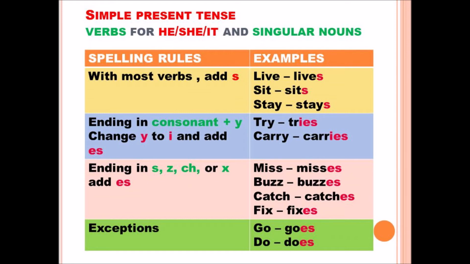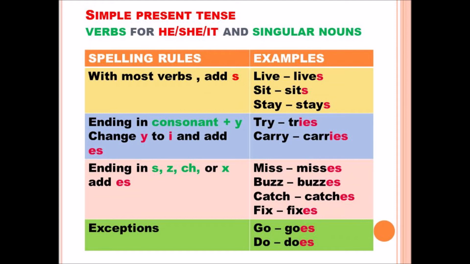Buzz, buzzes, so we have added ES because it ends with Z. Catch, catches, CH. Next, X. Fix, fixes. We must be careful with these letters so that we can add ES.